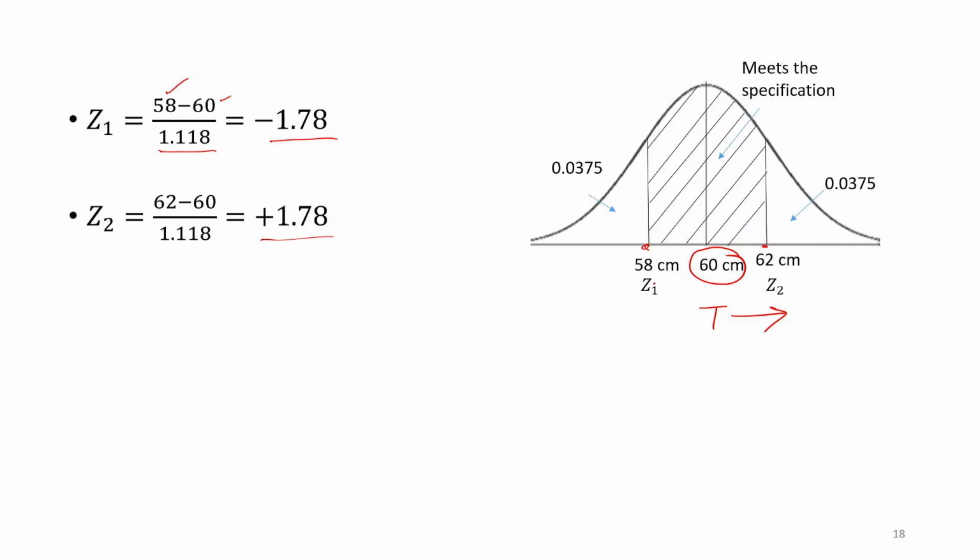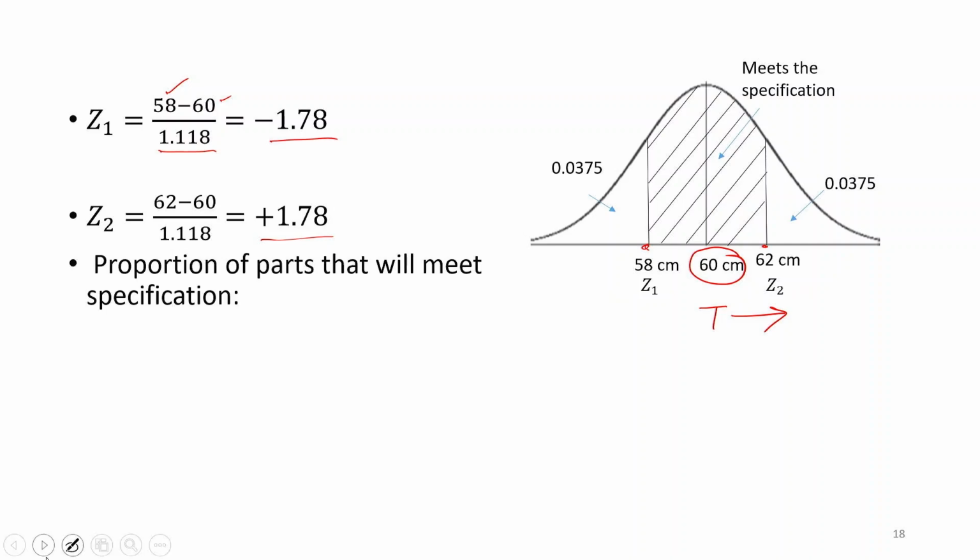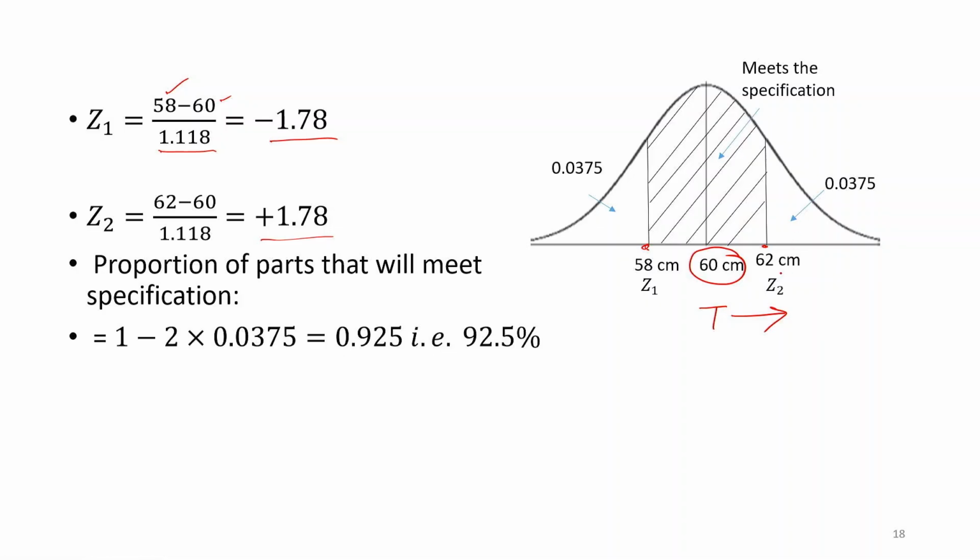So we try to find out the Z value corresponding to 58 and the Z value corresponding to 62. That's what we have found out. Z1 is going to be minus 1.78 and Z2 is going to be plus 1.78. For the proportion of parts that will meet the specification, for these values of Z, we have to consult the Z table which is given.